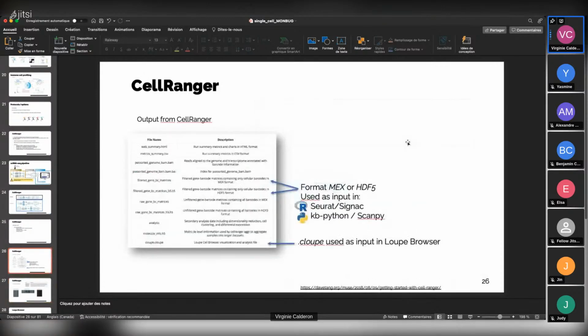In the Loupe Browser, you will be able to see the UMAP, the t-SNE, to select your gene of interest, to redefine clusters, to compare clusters. You can do a lot as a biologist with this, but sometimes you get lost in all of this. But it's something you can use to be sure that the data you generated is useful for deeper analysis.